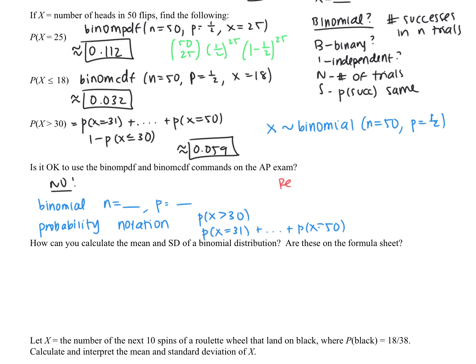Okay. We're going to have a quick real talk section right here. I said don't write normal CDF on the AP test. But I said if you do write normal CDF, what do you have to do? Okay, that's exactly what I was looking for. So you can show binomPDF and CDF if you label your numbers.